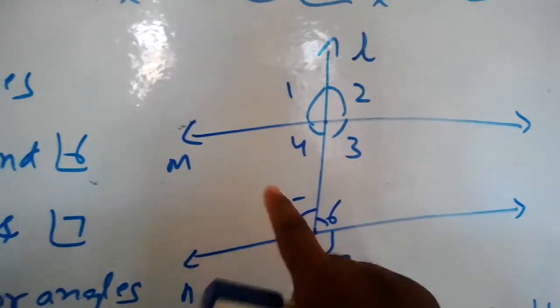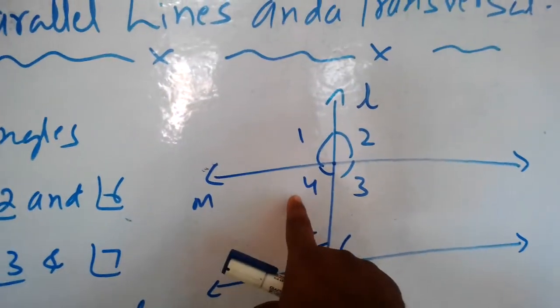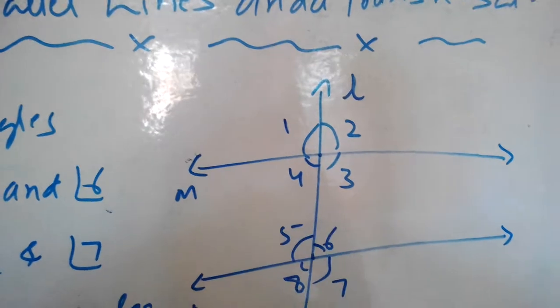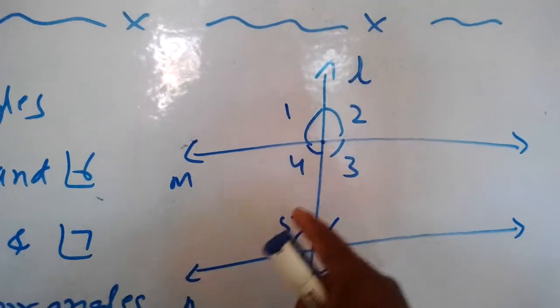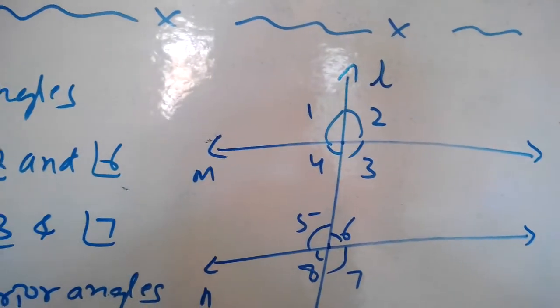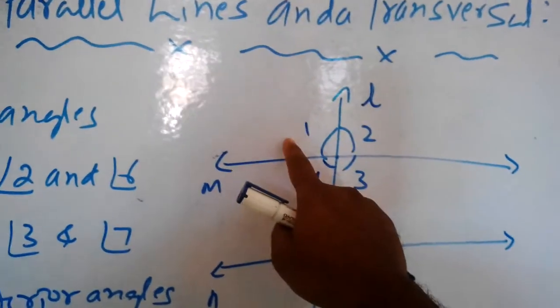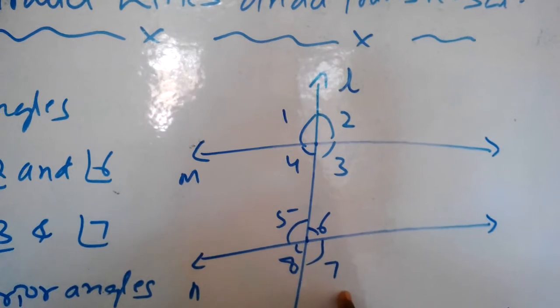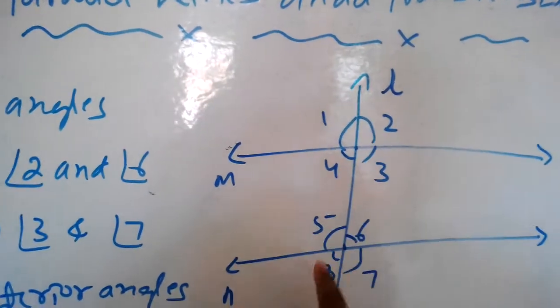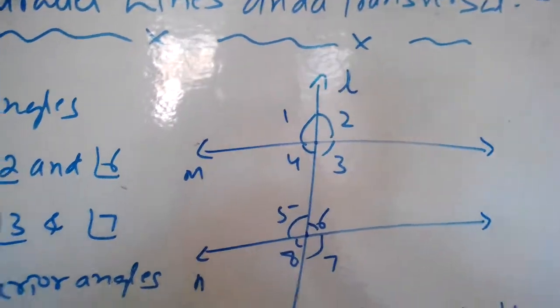Here 3 and 5 also are alternate interior angles. Next, alternate exterior angles: 1 and 7 are called alternate exterior angles, and 2 and 8 are called alternate exterior angles.